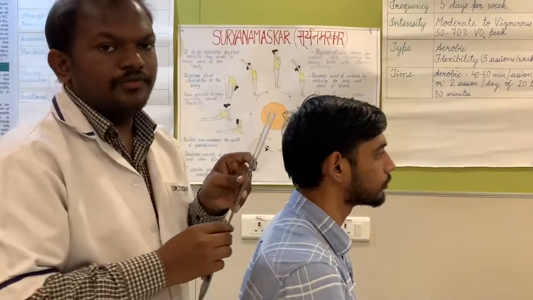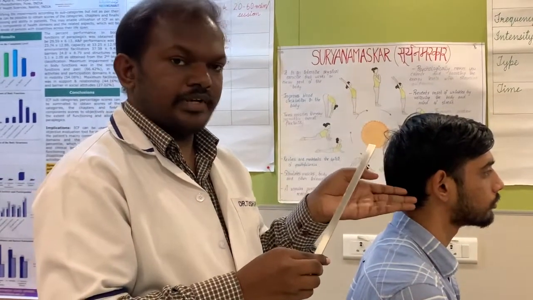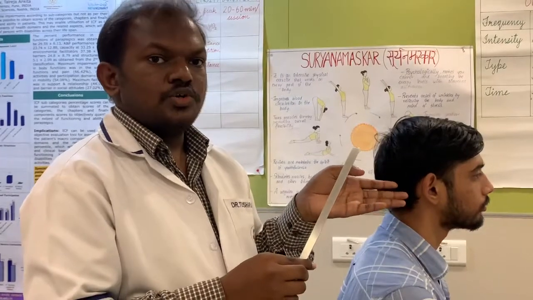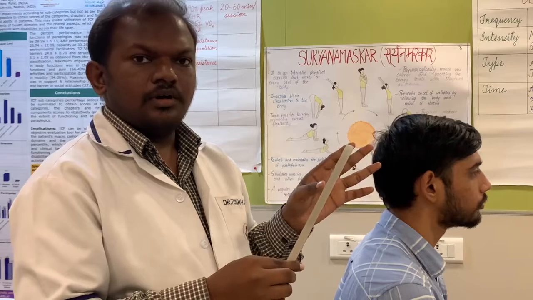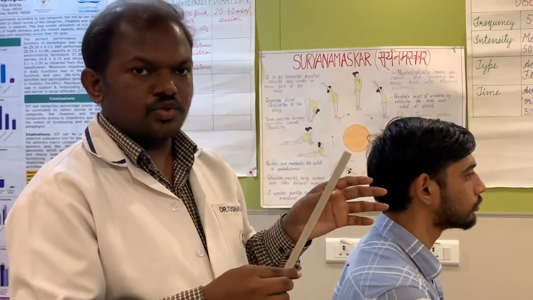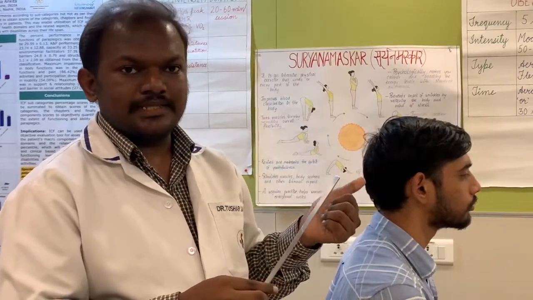So here the final range is 120 degrees, so from 90 to 120 degrees is a difference of around 30 degrees, so around 30 to 40 degrees of cervical extension is present in this person.